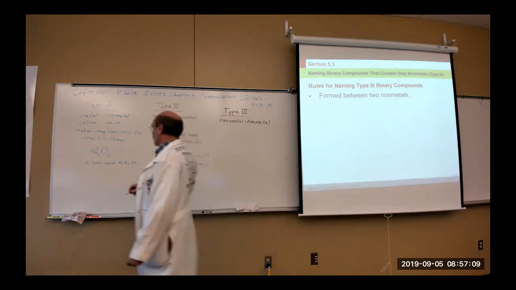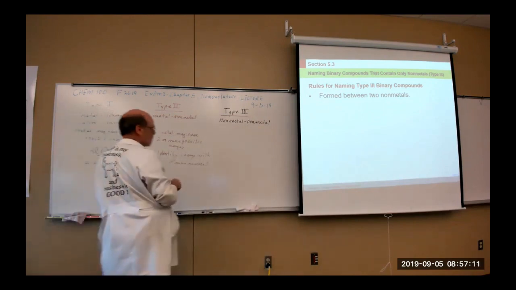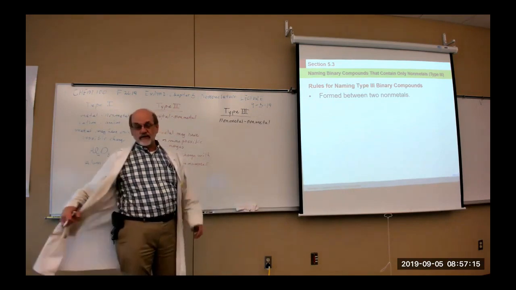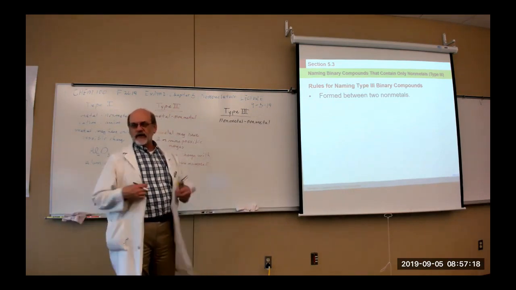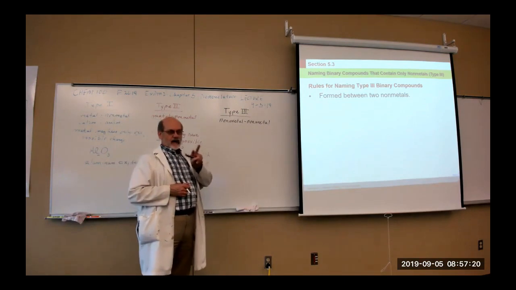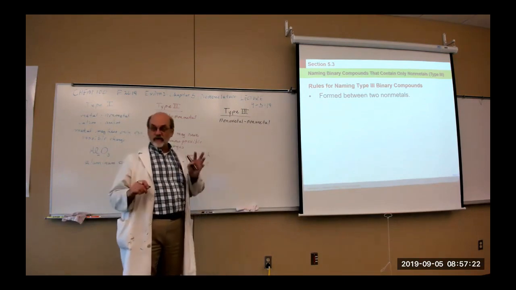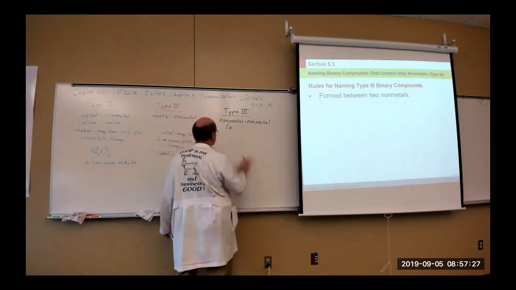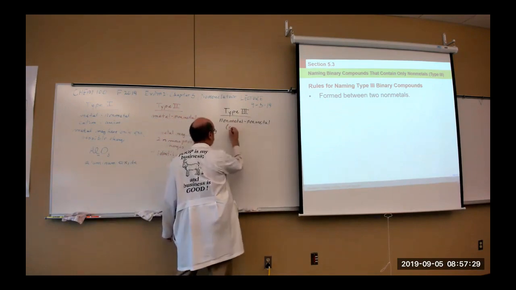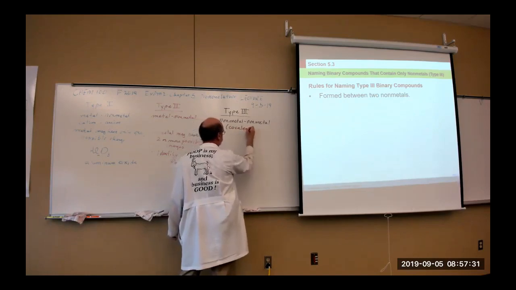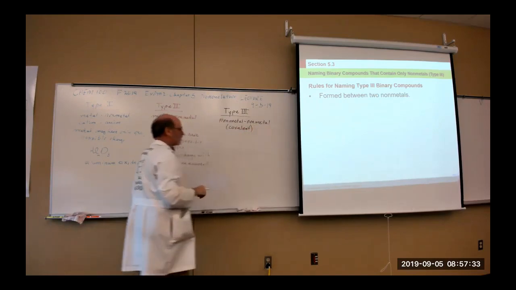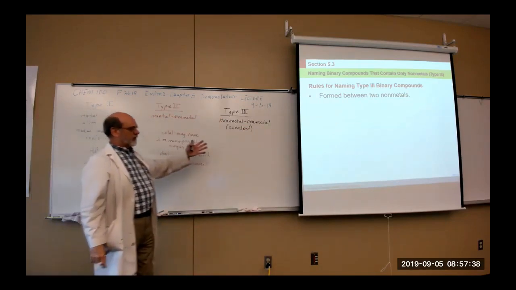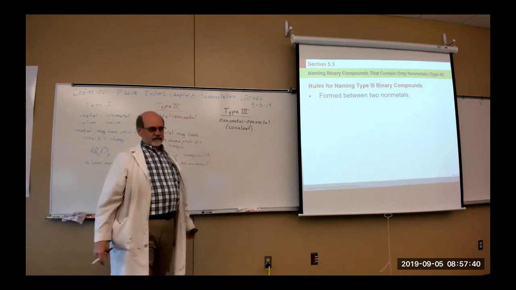With a non-metal and a non-metal, you don't know what the charge is, not really, because there is no charge. 2 nonmetals do not form ionic compounds. They form covalent compounds, right? But we're going to take advantage of the convention up to this point and just modify it a little bit.